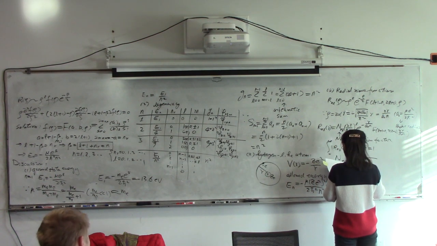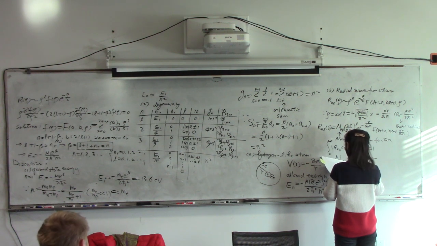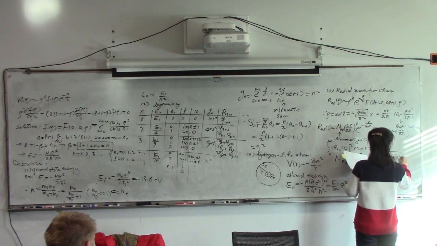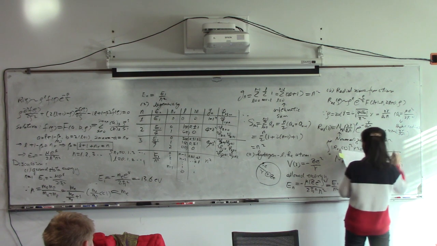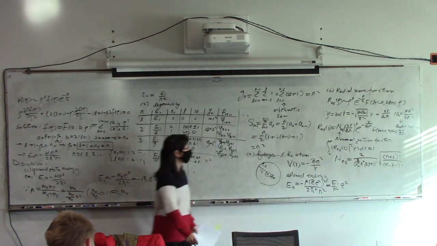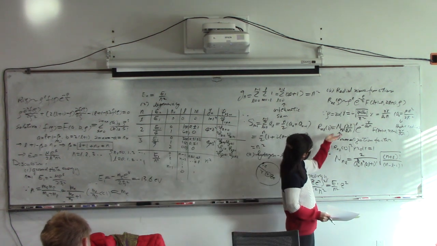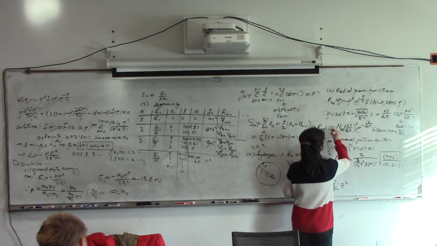It is the square root of the quantity: 2 over n a naught, cubed, times (n minus L minus 1) factorial over 2n times (n plus L) factorial. So now we have the real, explicit expression of the radial function.